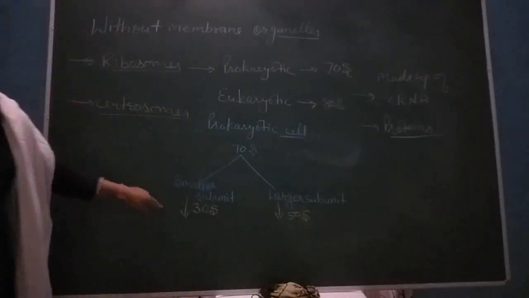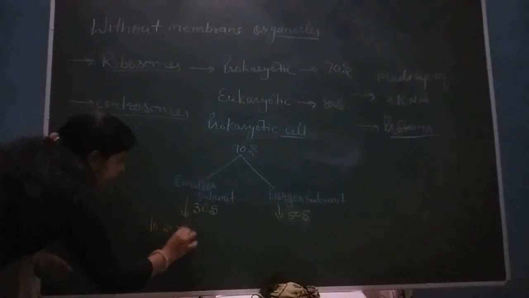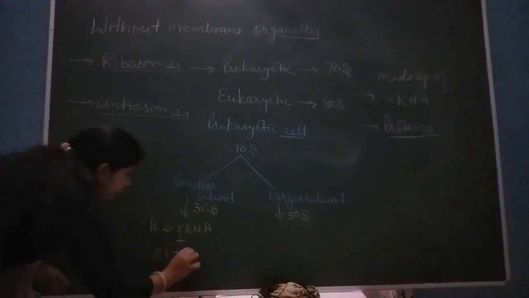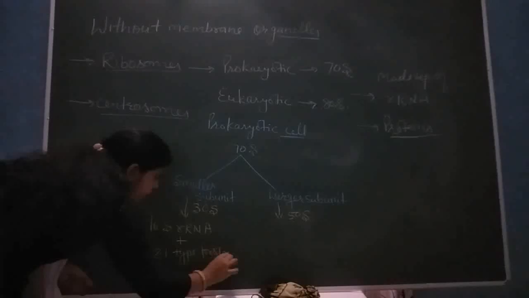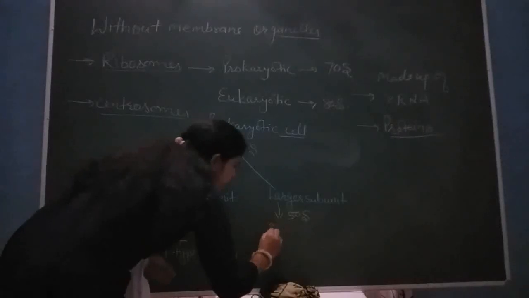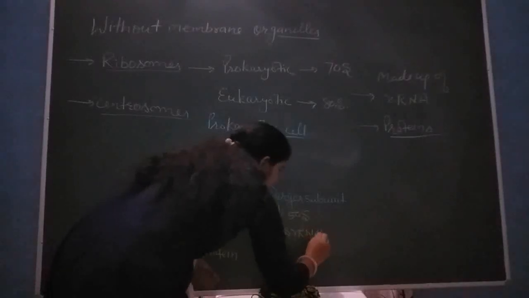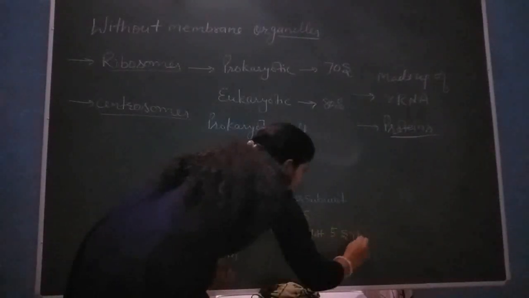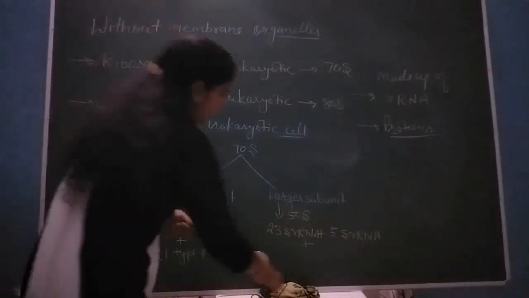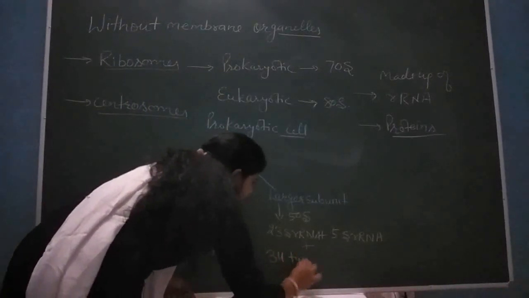The 30S subunit is made up of 16S rRNA plus 21 types of proteins, while the larger subunit is made up of 23S rRNA plus 5S rRNA and 30 or 34 types of proteins.